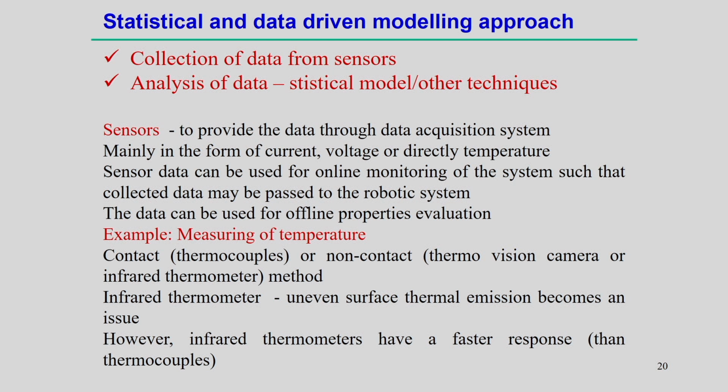data. One example of sensor data acquisition is measuring the temperature. Now, we can use the thermocouple or a non-contact mode, for example, a thermal vision camera or an infrared camera, both can be used to collect the data. But with an infrared camera, uneven surface thermal emission becomes an issue. So, that is one difficulty of the infrared thermometer, but however, we can use the data.